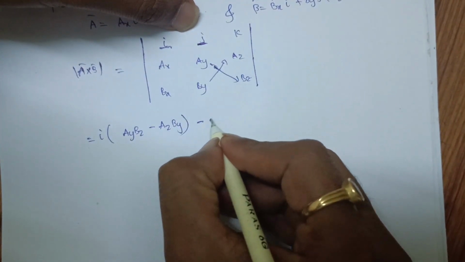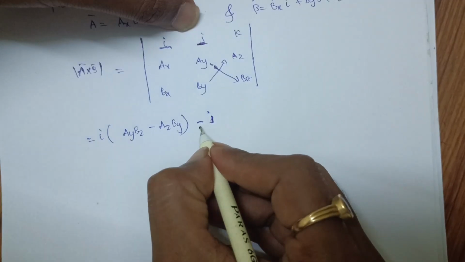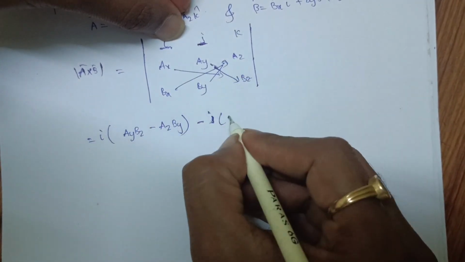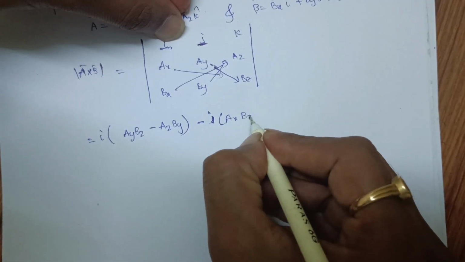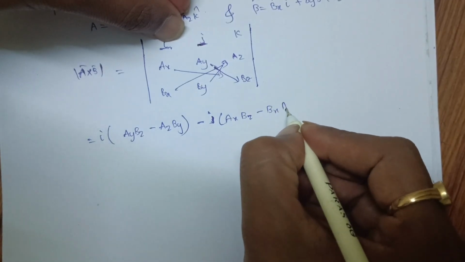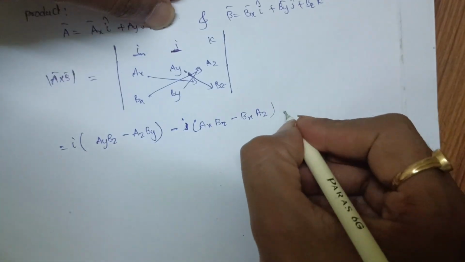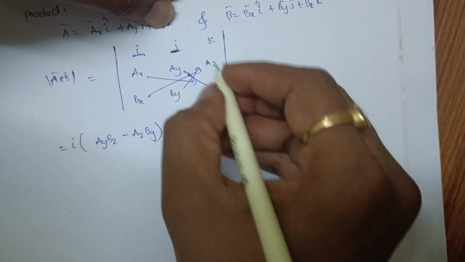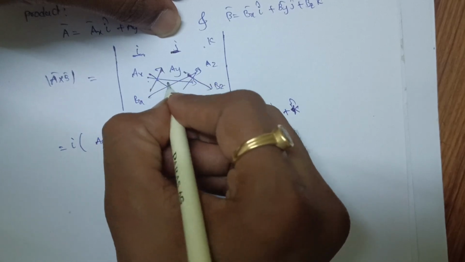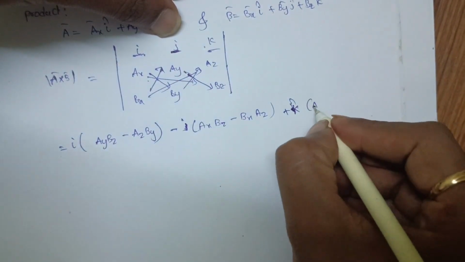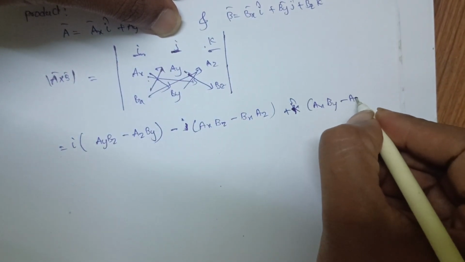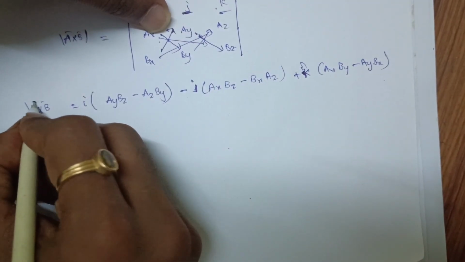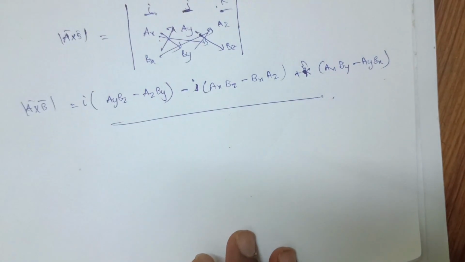Now taking the second term, I have to keep a negative sign, j of these two and these two: AX BZ minus BX AZ. Similarly, last k, these two cross product: AX BY minus AY BX. This is the procedure of finding a cross product.